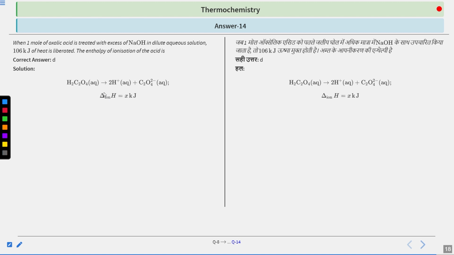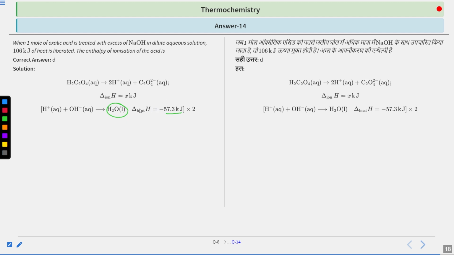Now suppose to ionize this oxalic acid, the delta H ionization is x kilojoule. You can see it is ionized into 2H plus and C2O4 2 minus, the oxalate ion. Now the heat of formation of H2O is minus 57.3 kilojoule.